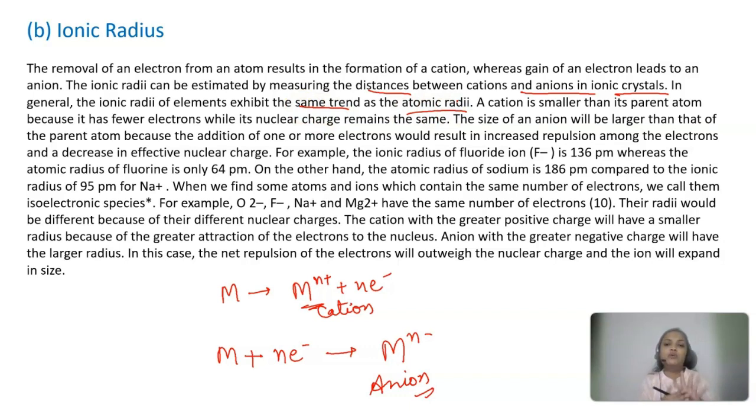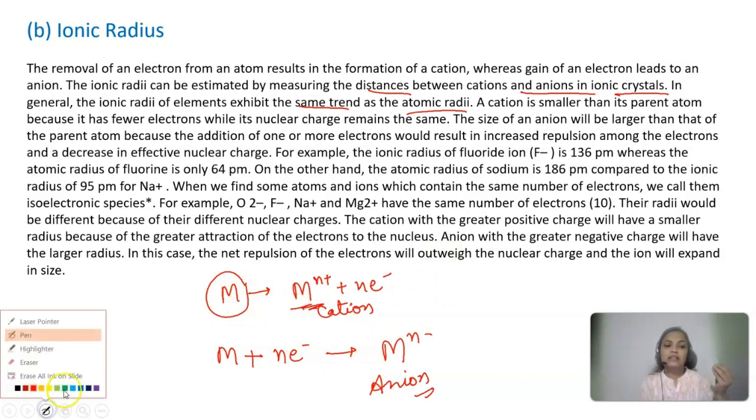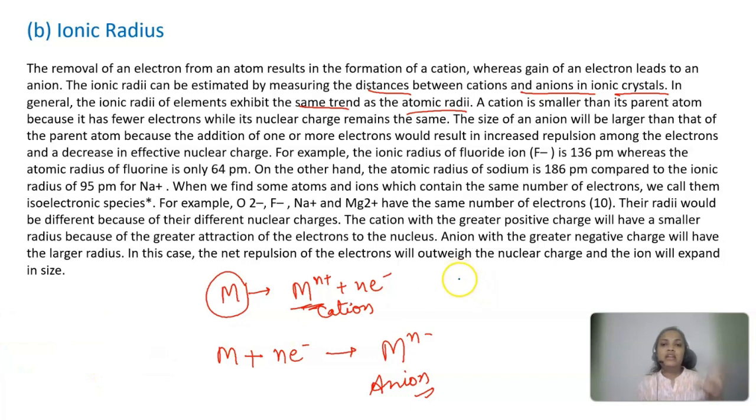But just to understand, if I compare the cation, anion and the parent atom, the size of the cation will be smaller than the parent atom. Why? Let's say the metal atom was sodium, and I have made a sodium ion. Sodium was having 11 electrons.